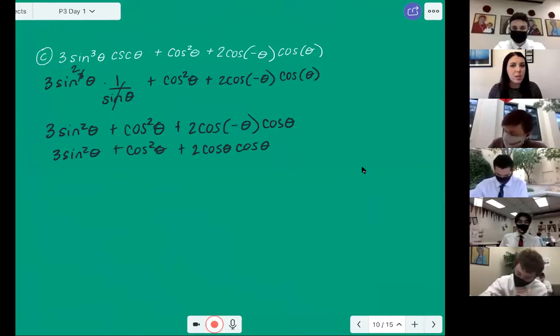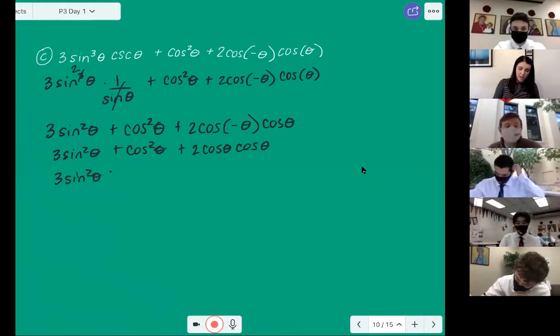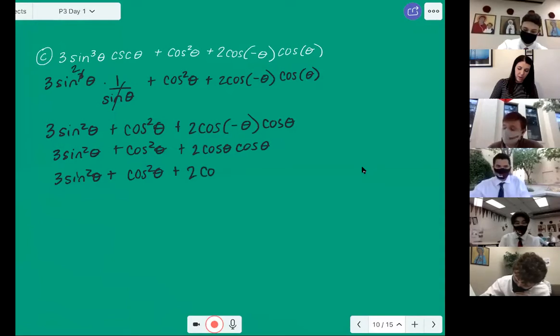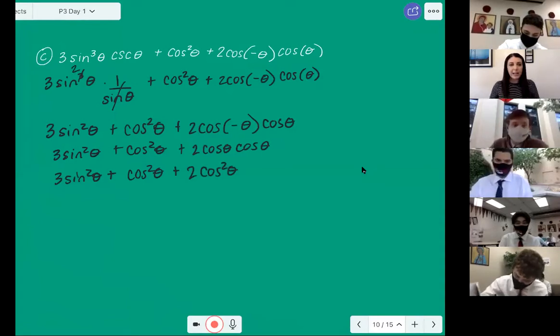What do you notice? Well, it could become 2 cosine squared theta. Good. So we still have 3 sine squared theta plus cosine squared theta, and then plus 2 cosine squared theta. Okay, let's go to Aiden. Aiden, what can we do from here?